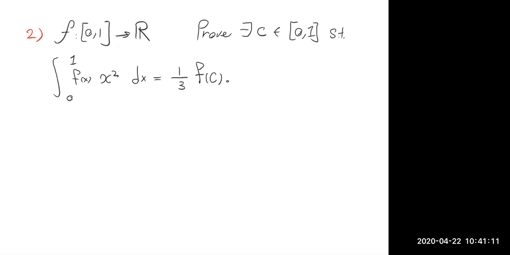Okay, let's give you a hint. You should use the intermediate value property. Because f is continuous, you can do that.